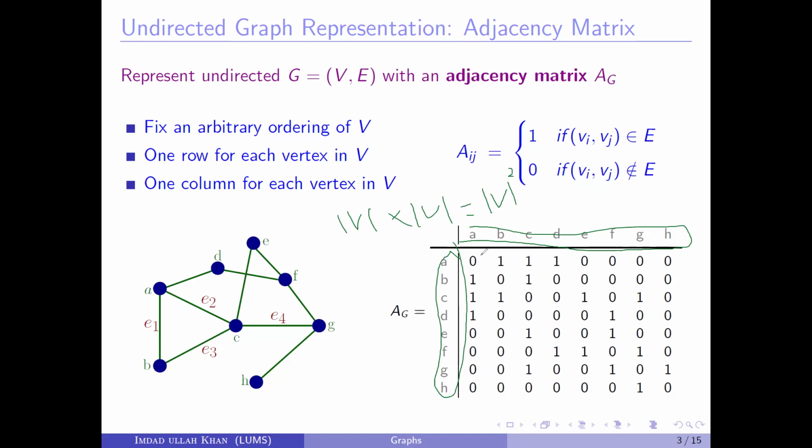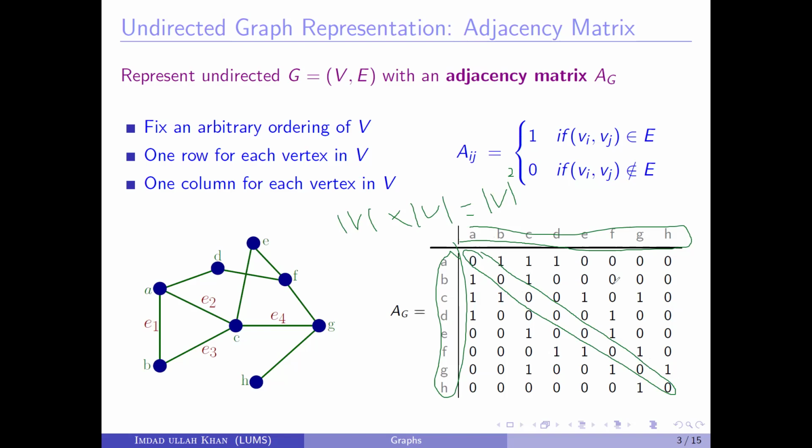If you focus on the diagonal of the matrix, which goes this way, the diagonal contains all zeros, which means that the graph is not a pseudograph. There is no self loop in the graph. There's no edge from A to A, B to B, D to D, and so on.